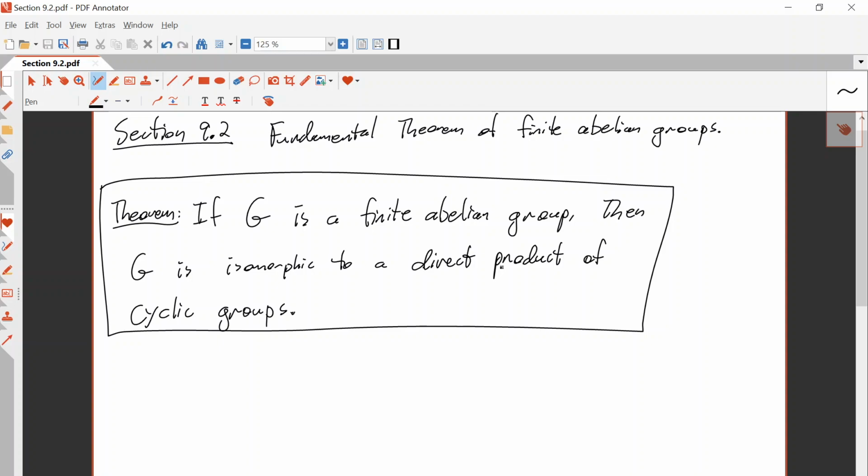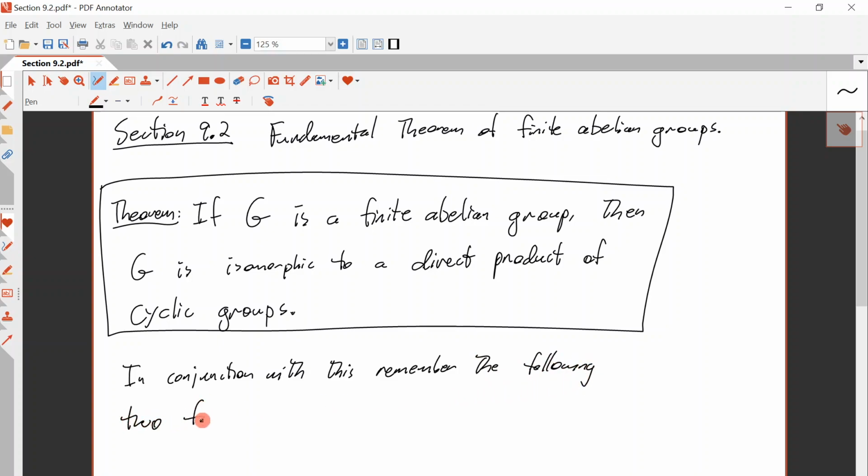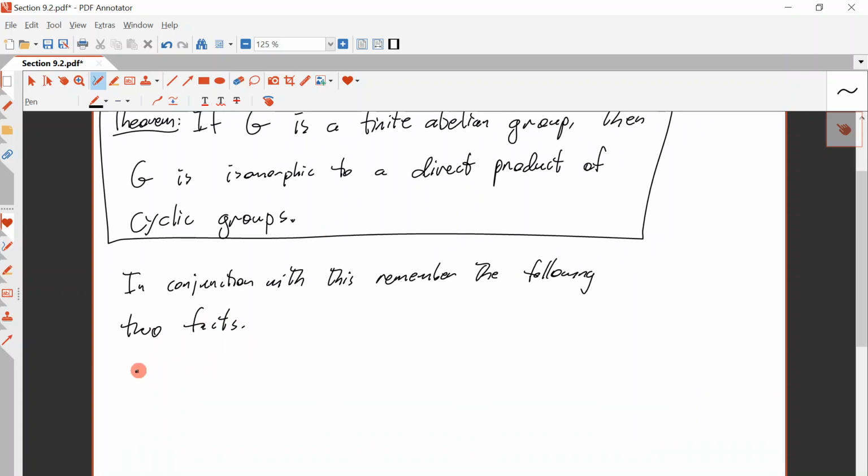finite abelian groups. In conjunction with this, remember the following two facts. One, the cyclic group Zm cross the cyclic group Zn has order, right?